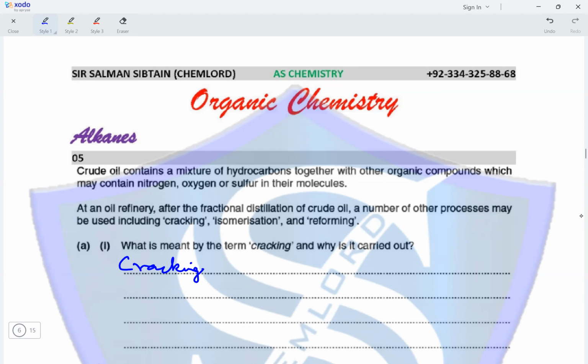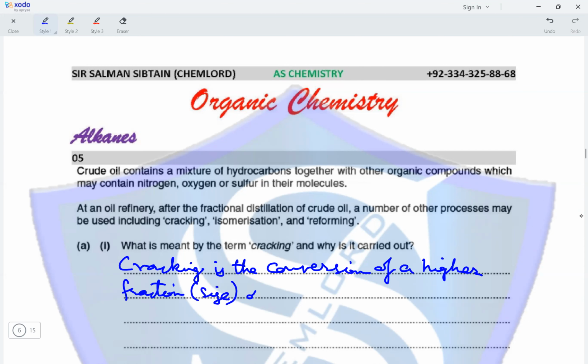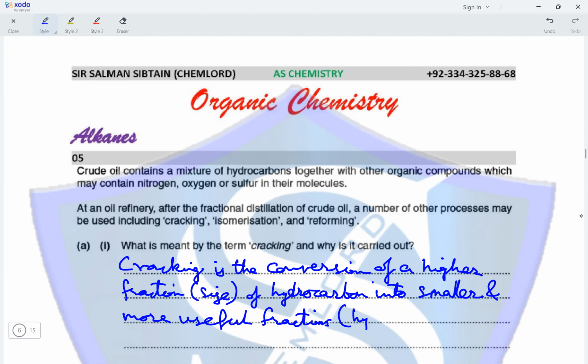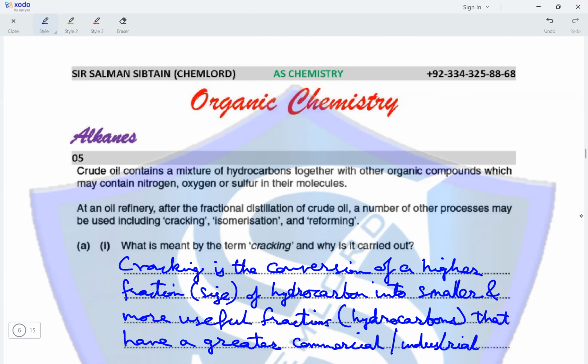Cracking is the conversion of a higher fraction or size of hydrocarbon into smaller and more useful fractions or hydrocarbons that have a greater commercial or industrial demand.